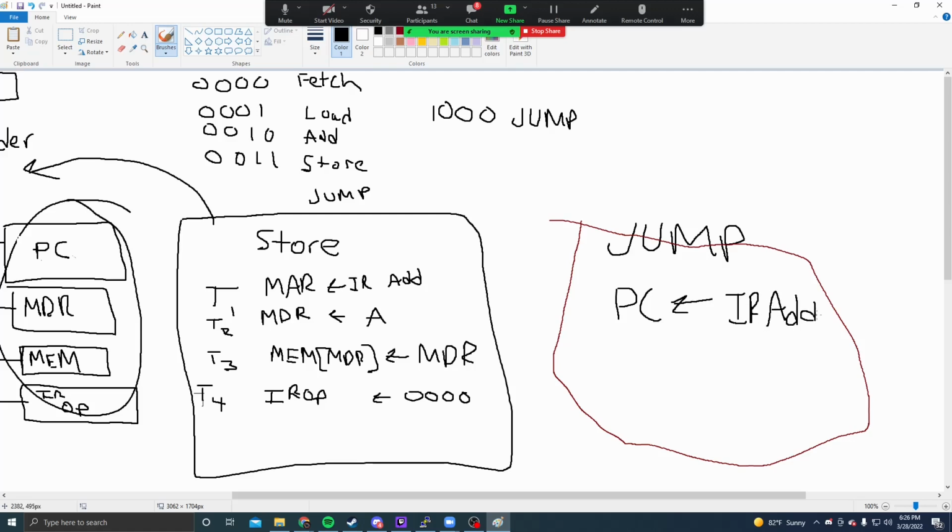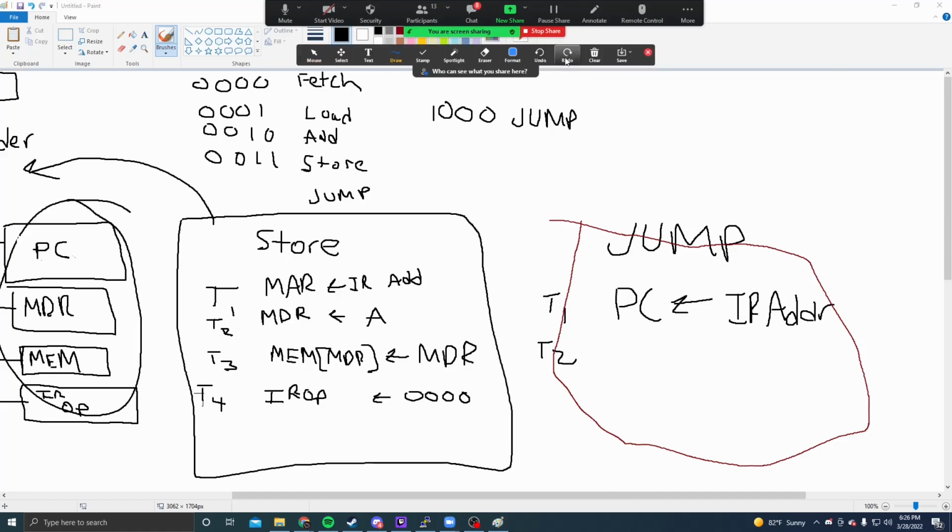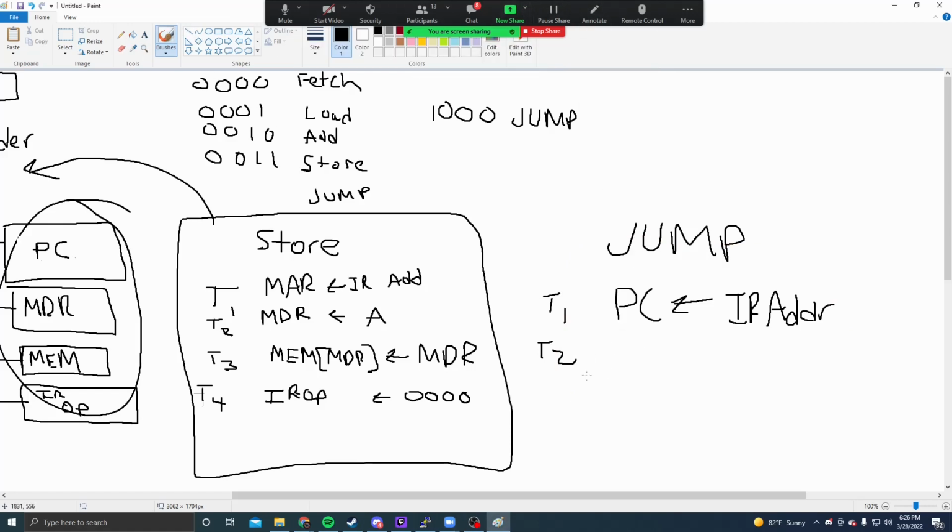Basically, the first one is just the instruction register address goes into your program counter. The next two are just going to be no operation, and then the last one just resets to fetch. For fetch, don't reset it.